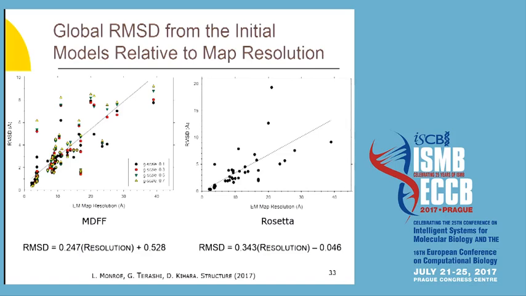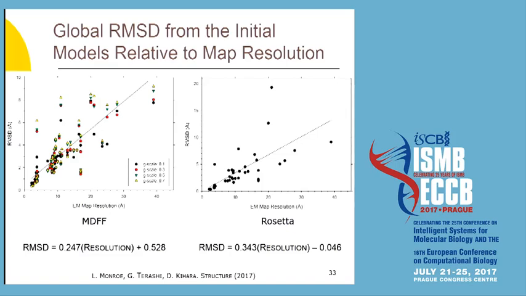At, let's say, 10 angstrom maps, on average, in terms of global RMSD, the structure moves around 3 angstrom. So roughly speaking, an RMSD of one third of the resolution will be changed by the refinement protocol.